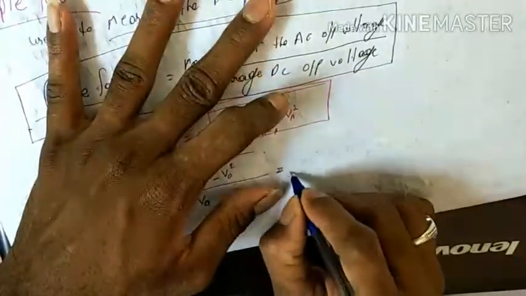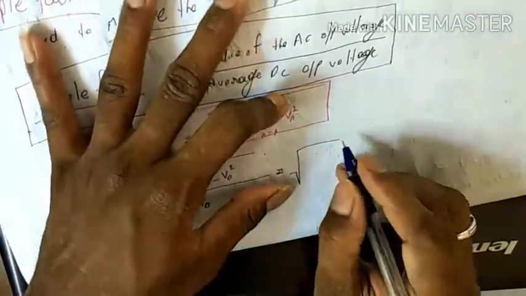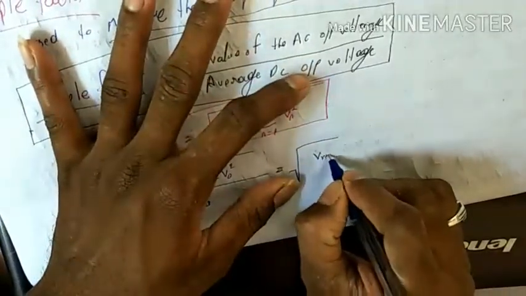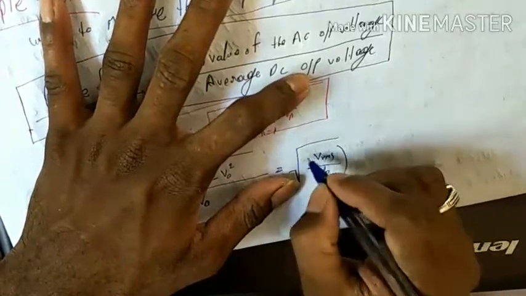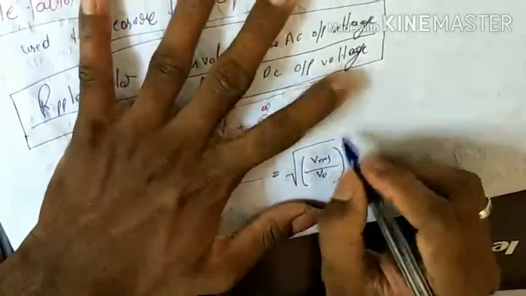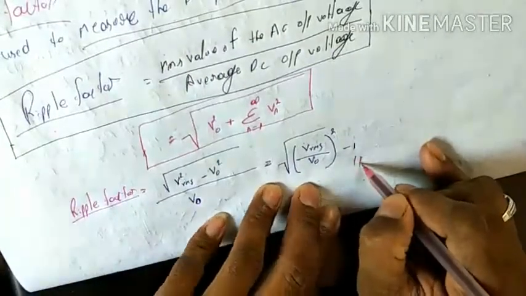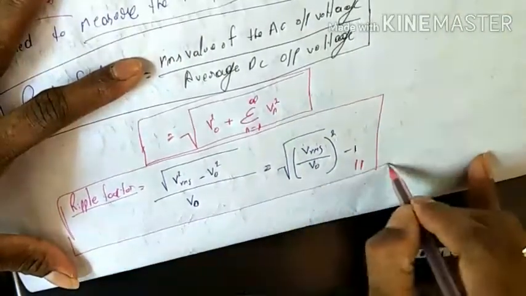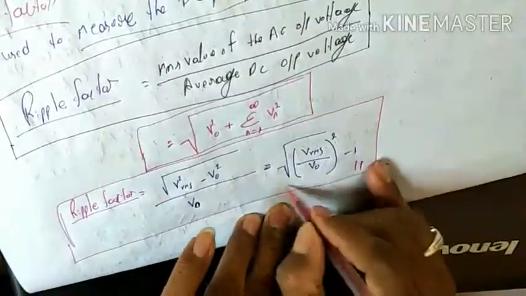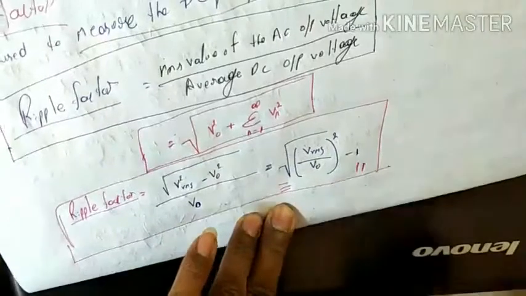Now we get the whole root of (Vrms by V out) whole squared minus 1. This is the formula and equation of the bridge rectifier ripple factor.